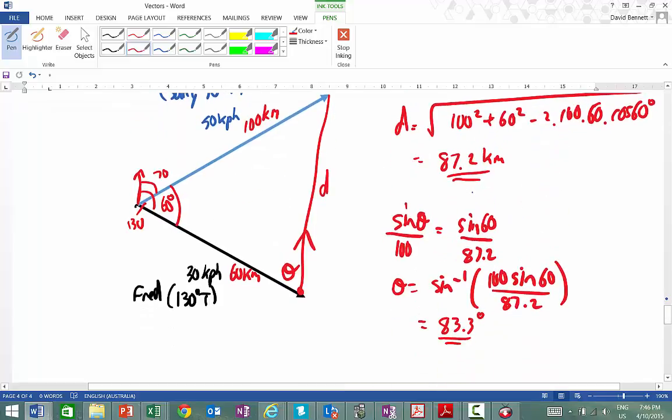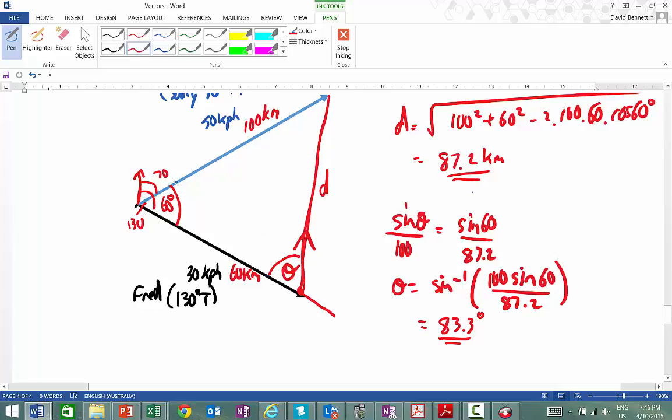So in this particular scenario, that's the direction they're going there. So I need to go in that direction there. So that's 83.3 from that line there to that line there.